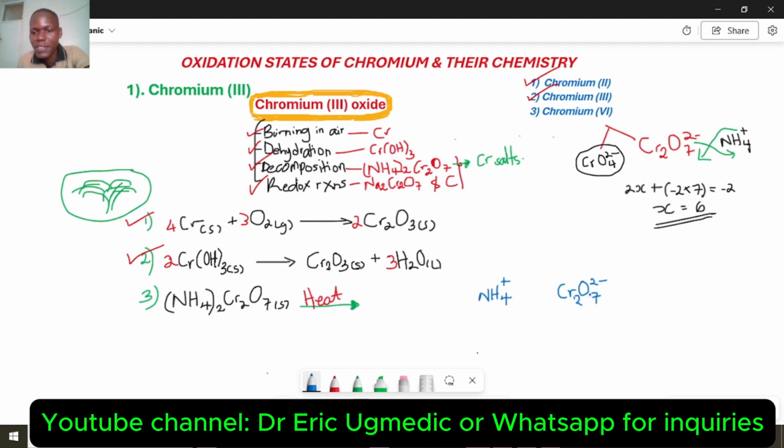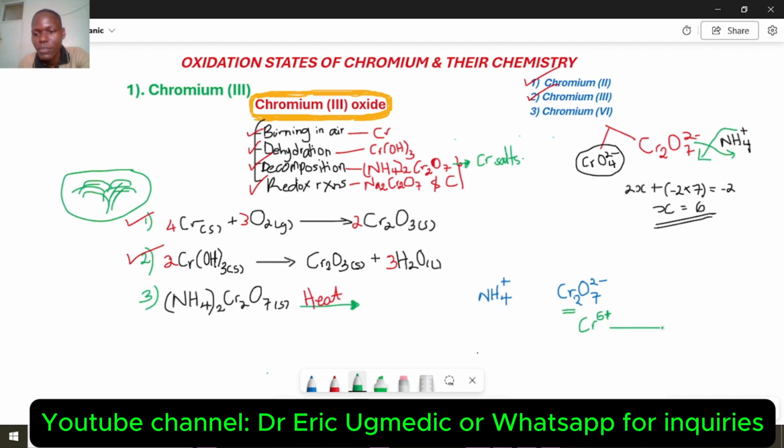So if I look at these reactions independently, I'll see that here the main reactant will be chromium. So I'll write here just +6, chromium +6. I'm just looking at the main reactants to explain how the products will be.